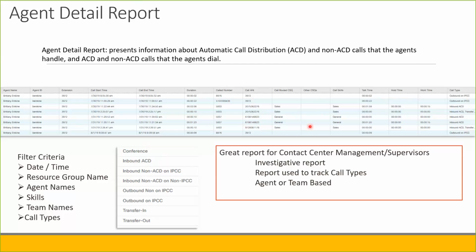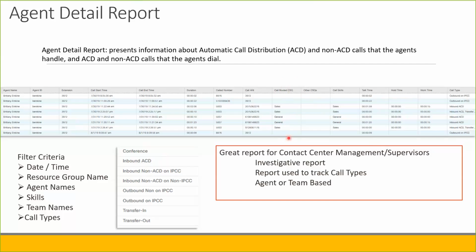One of the questions that I've gotten on this is, okay, well, Brittany, it said other queues, but how do we know which one handled the call? And that would be defined by this guy right here, call routed CSQ. Technically, the call is routed to all of the CSQs listed, but it's handled by this field here, right? So this would be the column that handles the queue.